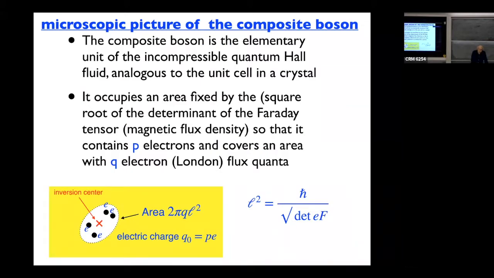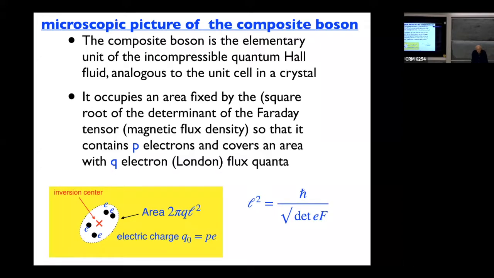So the composite boson is this elementary unit, and it occupies an area which is fixed by the magnetic flux, which I'll use as the square root of the determinant of the Faraday tensor, which always has a positive determinant. And it contains p electrons and covers an area with q electronic or London flux quanta.